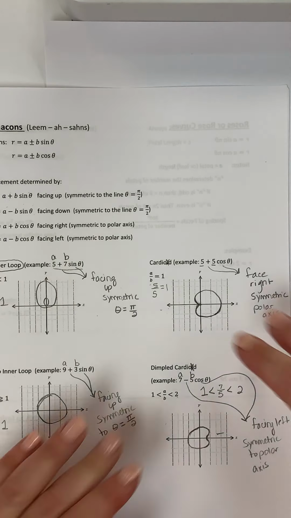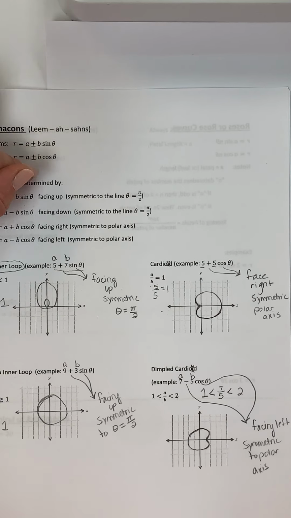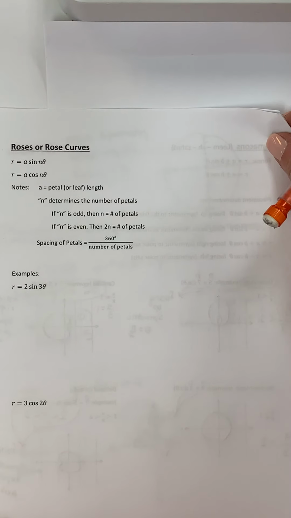All right, so those are your limacons. Anytime you have sine theta or cosine theta and you have a number added or subtracted in the front, that is a limacon.